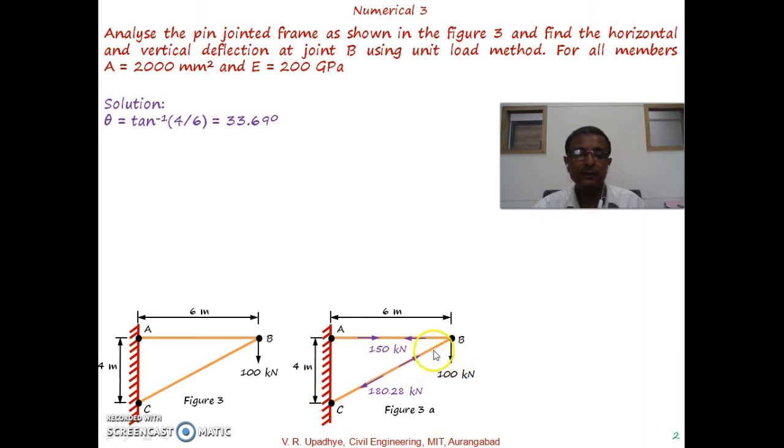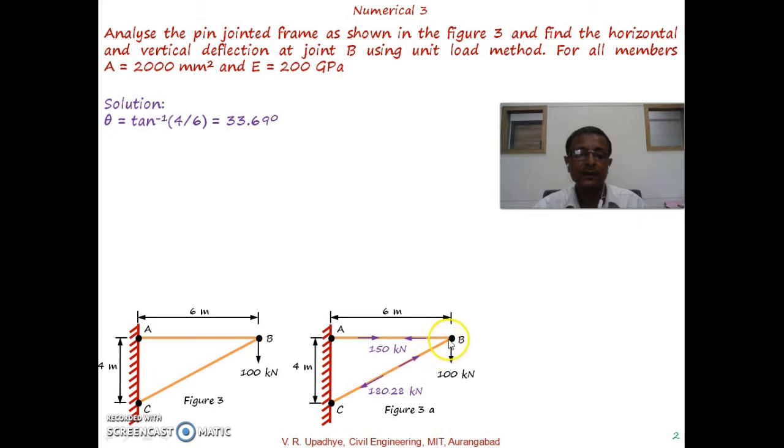So FCB will be 100 divided by sin 33.69, and that gives us the internal member force in member CB as 180.28 kilonewton, and that will be compression.